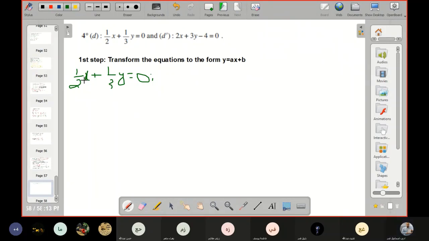We have more than one method to transform it to the form y equal ax plus b. We may work like this: y/3 equal, 1/2x we take to the other side, it becomes minus x/2. Is everyone with me? If anyone does not understand a step, tell me right away.